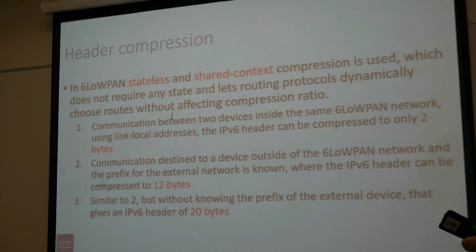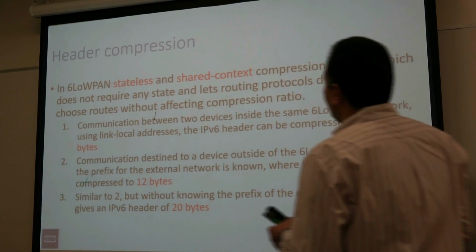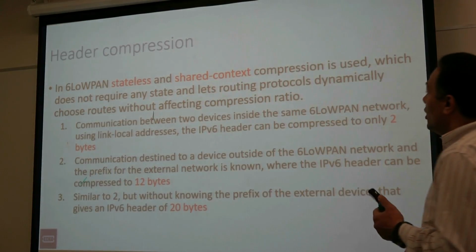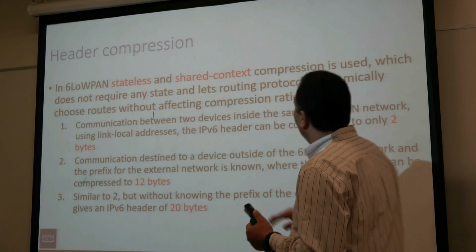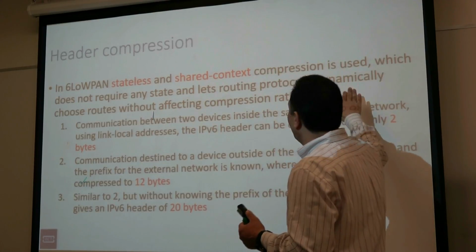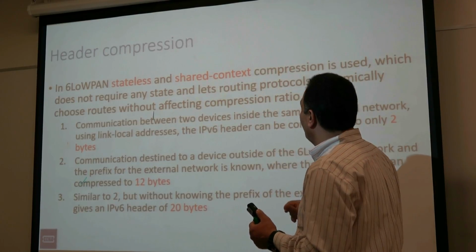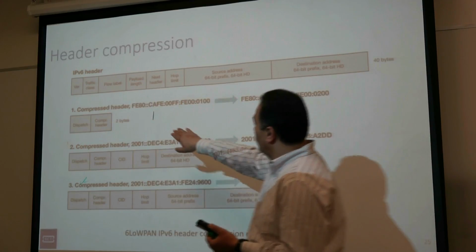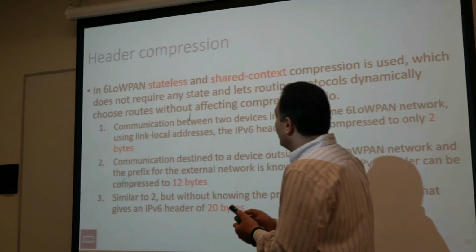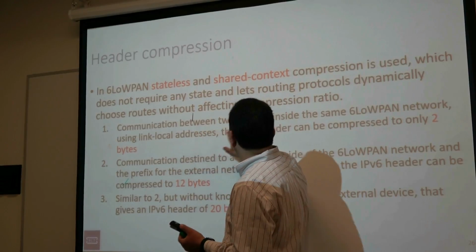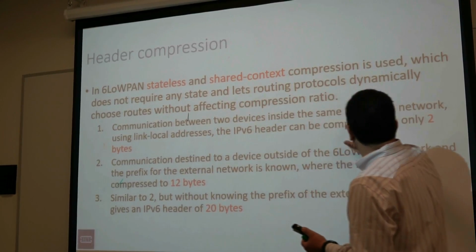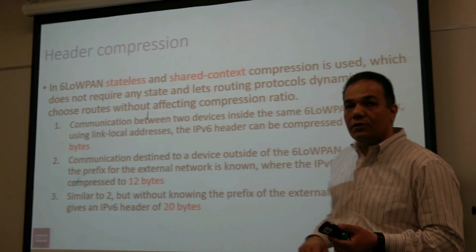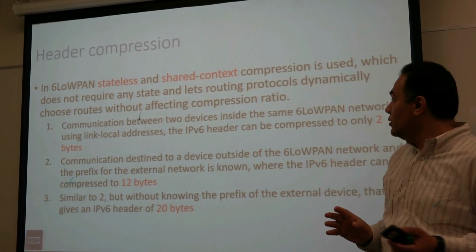This will explain it. It's a stateless compression, which does not require any state and lets routing protocols dynamically choose routes without affecting the compression ratio. In the first case, where we compress to 2 bytes, what happened? Communication between 2 devices inside the same network using link local addresses.